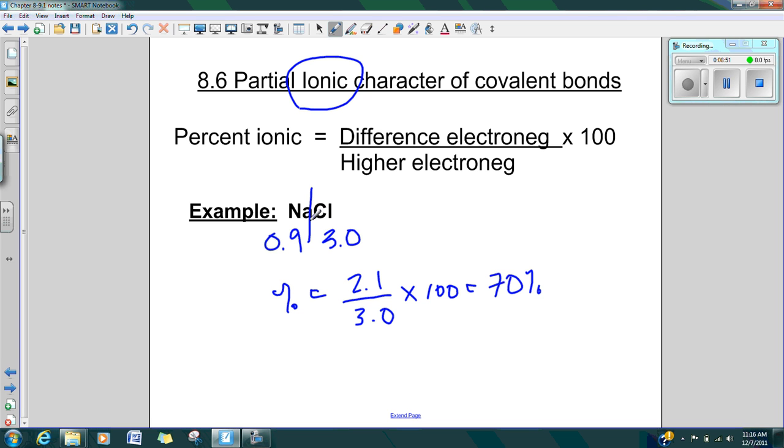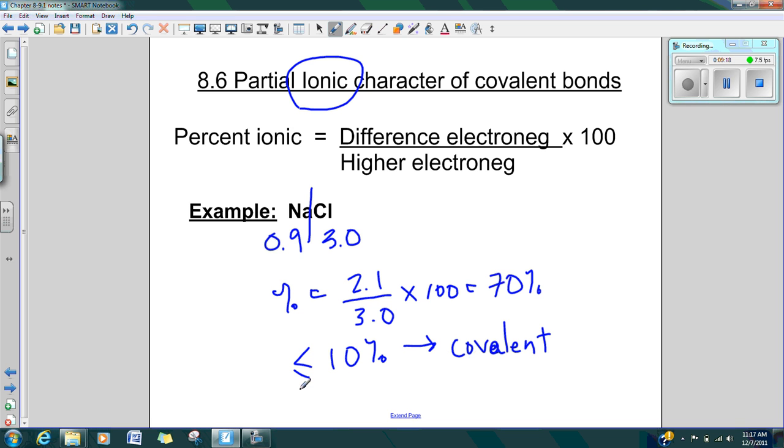Now, you could have done this without finding the percent ionic character. You guys understand that. It's just another term that they might throw at you. So if it's less than or equal to 10% character, it's going to be covalent. And so what that means is that the electrons are going to have a higher tendency of being shared instead of transferring.